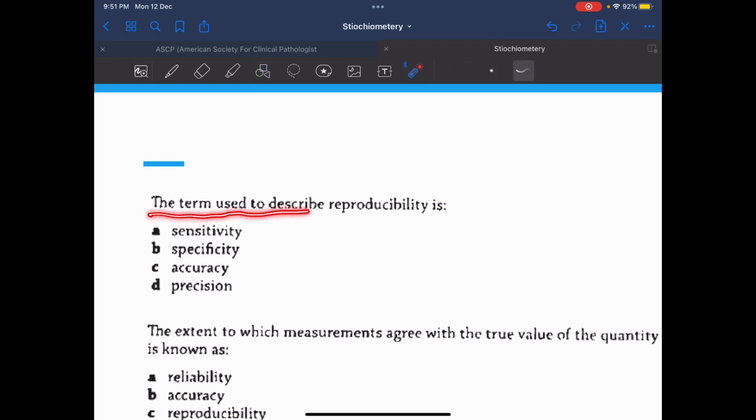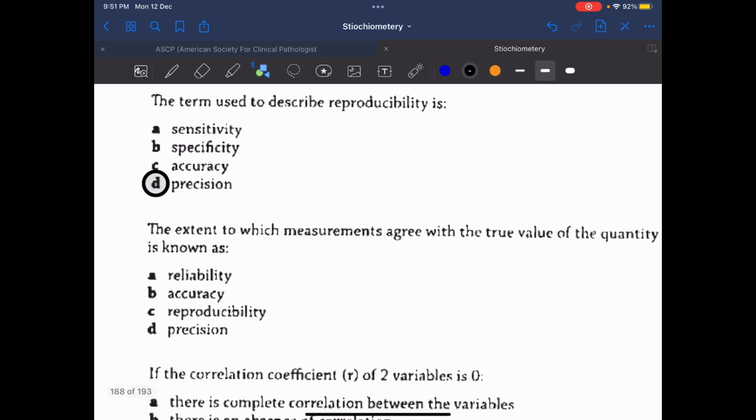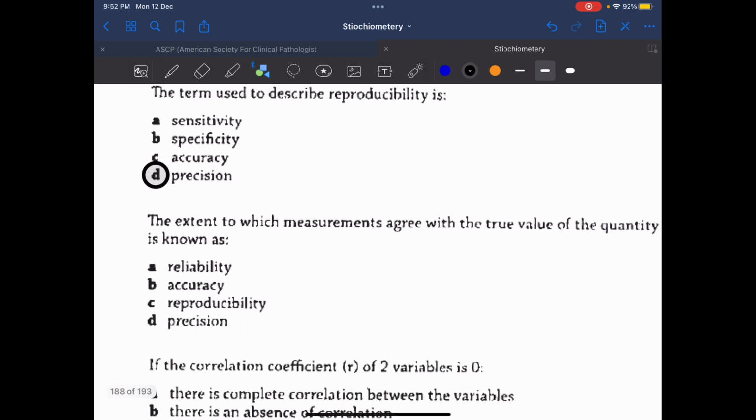The term used to describe reproducibility is sensitivity, specificity, accuracy, precision. The correct answer is precision. The extent to which measurements agree with the true value of the quantity is known as reliability, accuracy, reproducibility, precision. The correct answer is accuracy.